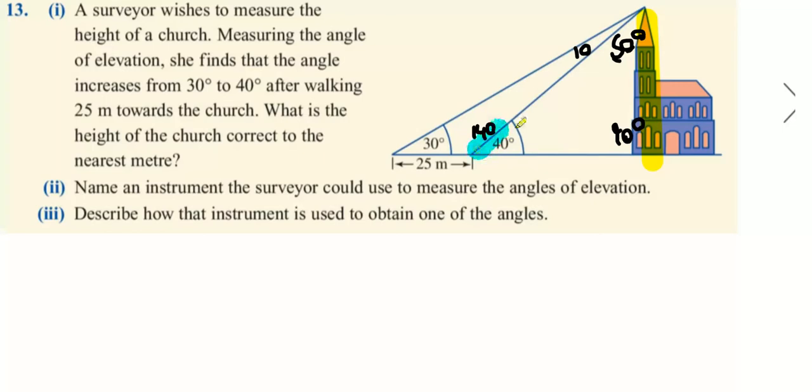I think this one's the most important line in the question, and I'll tell you why. It's the line that links both triangles together. You can use the triangle with more information to get the blue line, and then that information is now in the right-hand triangle as well. Does that make sense? So when I find out the blue side using the left triangle, that information is now in the right triangle as well.